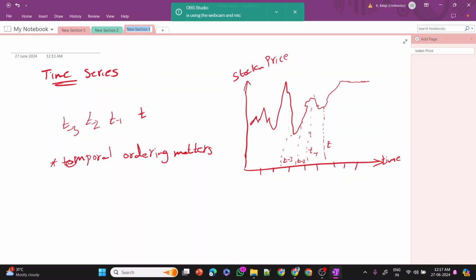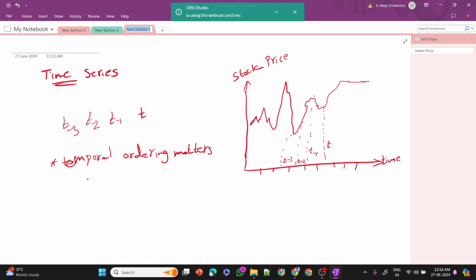For example, between t minus 1 and t, there is a time gap. The same time gap will be present between t minus 2 and t minus 1. Like this, we want to split each time period.